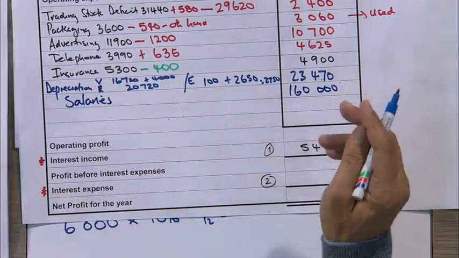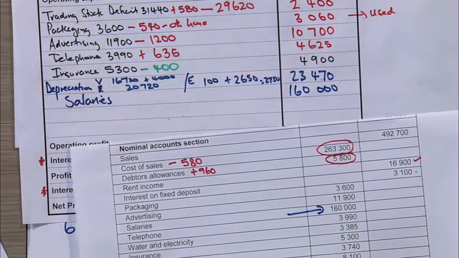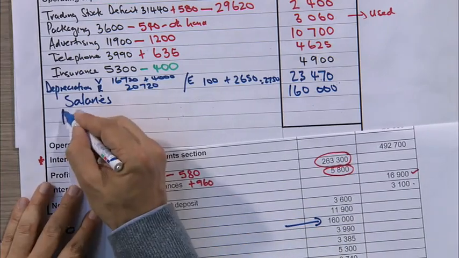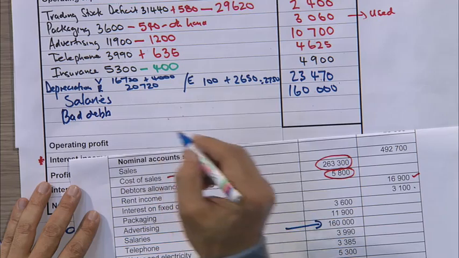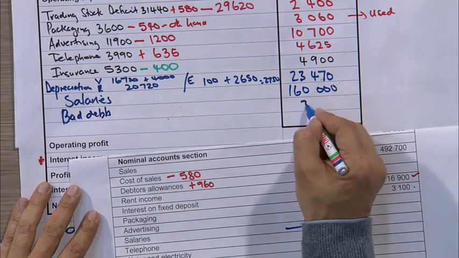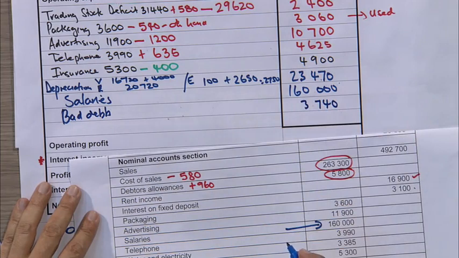And any item now that doesn't have an adjustment just goes into your income statement just like that. Like bad debts, for example, did not have an adjustment. So we have to write them in just like that, 3,740.